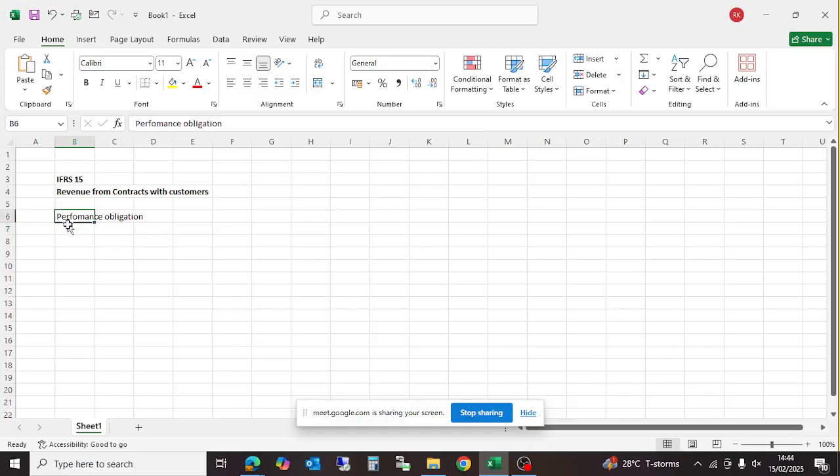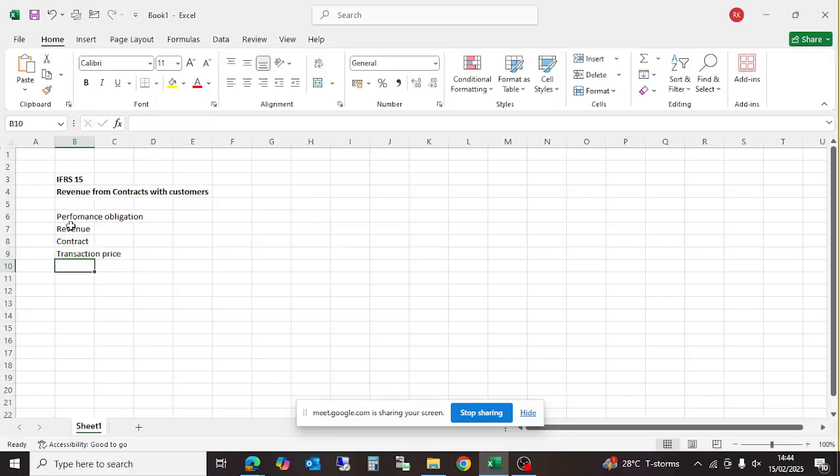Okay, so in terms of terminologies that we're supposed to understand, we have performance obligation itself. We have revenue. We need to understand what revenue is. We have a contract. We need to understand what a contract is. We need to understand terms like a transaction price.